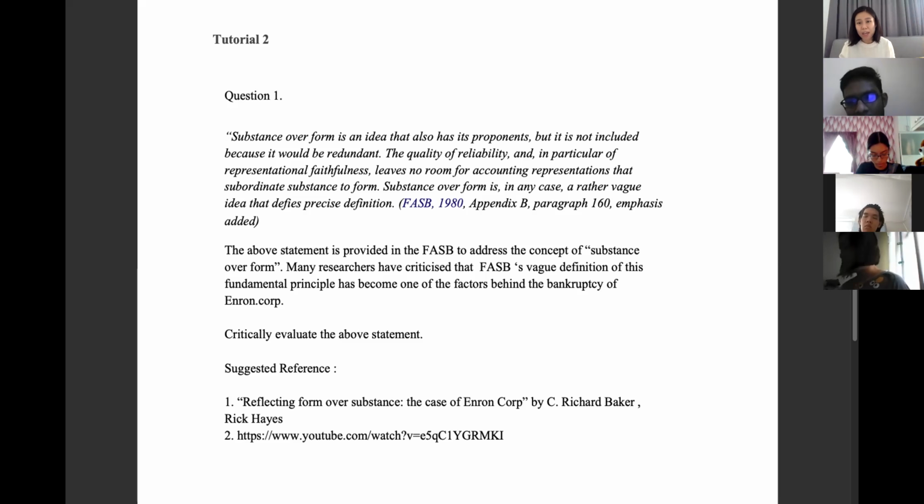And of course, all these SPEs were not reported inside the accounting statement, because based on the law, as long as the SPE has 3% investment from other investors, it's not controlled by the main company, so it doesn't need to report the performance of the SPV.